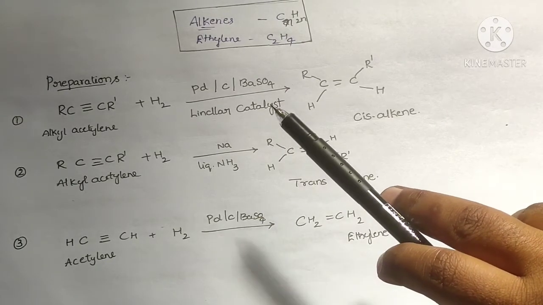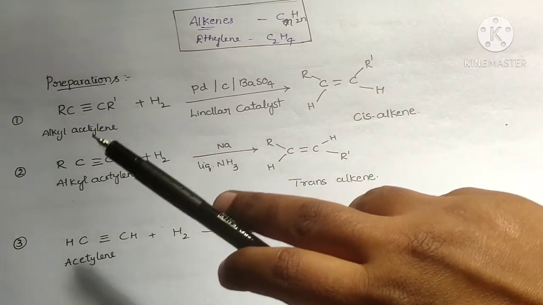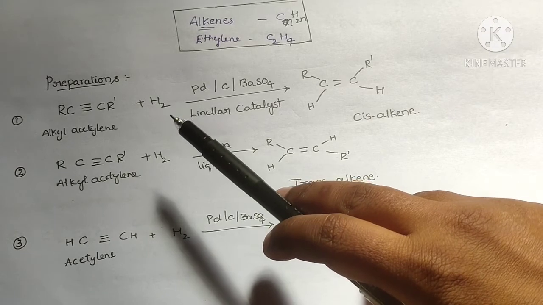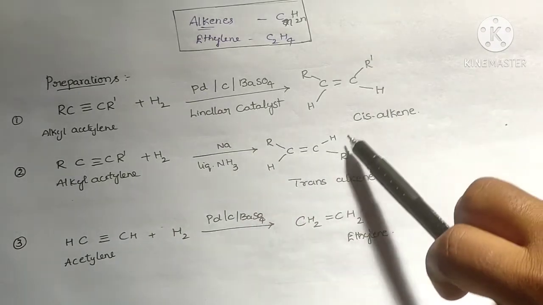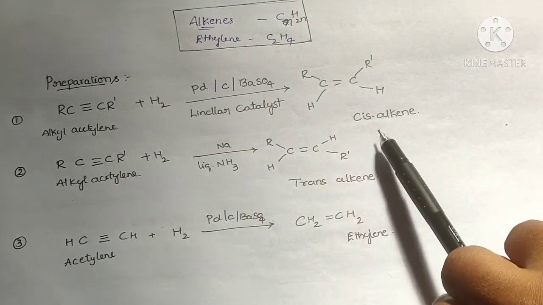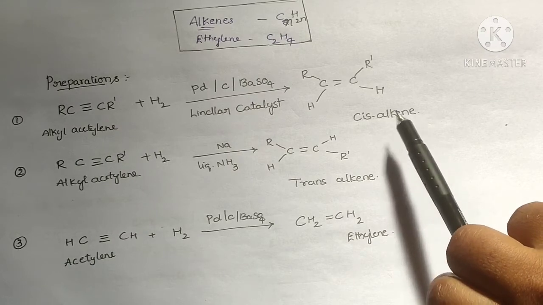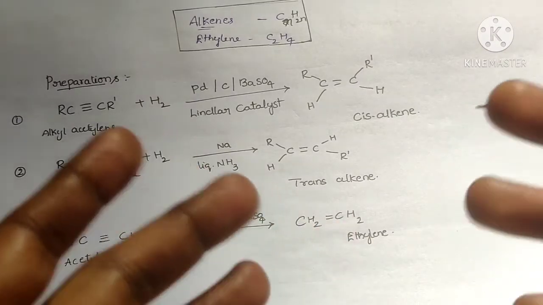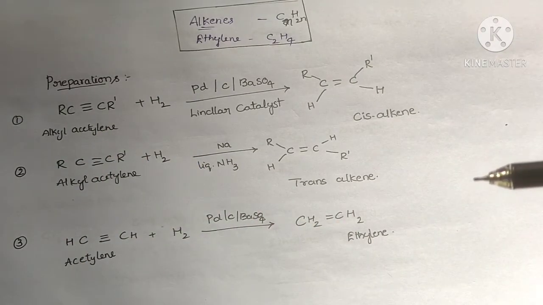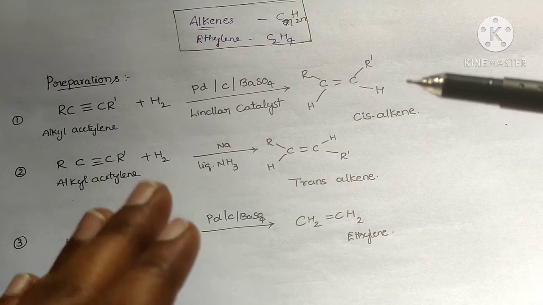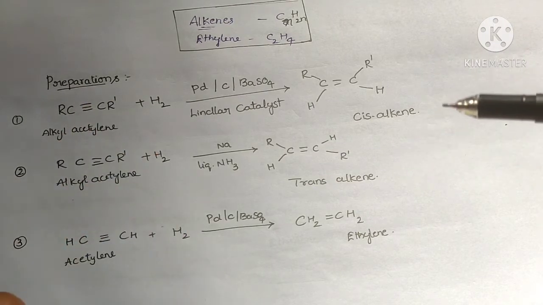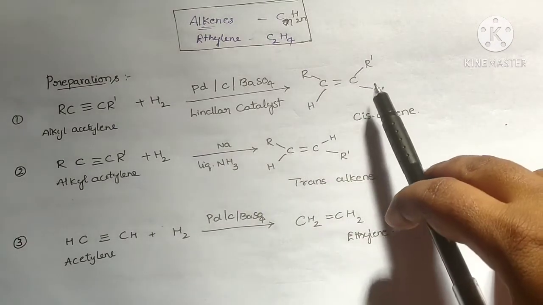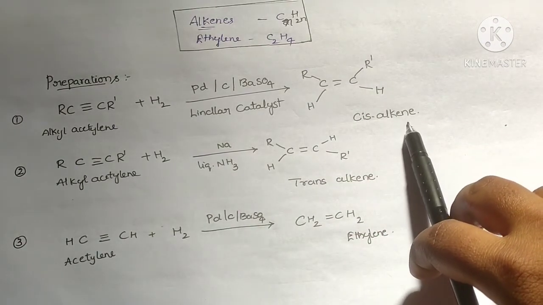The alkene is prepared by first taking alkyl acetylene and then adding hydrogen and the catalyst, where it forms a cis alkene. What is a cis alkene? When the same groups or atoms are attached on the same side of the C double bond C, it is called a cis alkene.